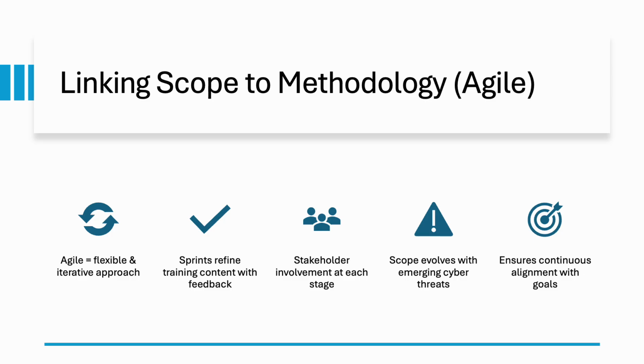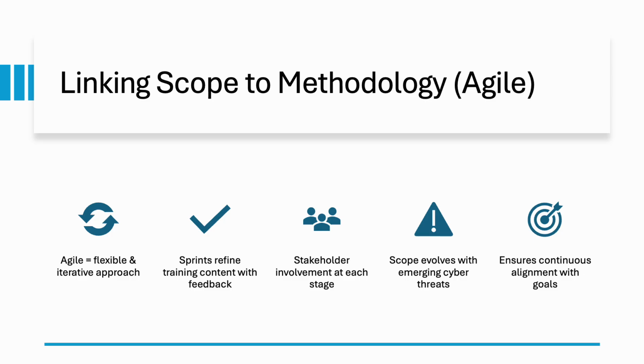Another important connection between scope and Agile is the concept of prioritization through backlogs. In Agile, requirements and deliverables are maintained in a product backlog, which the project team prioritizes each sprint. The backlog becomes the operationalized version of the scope statement.